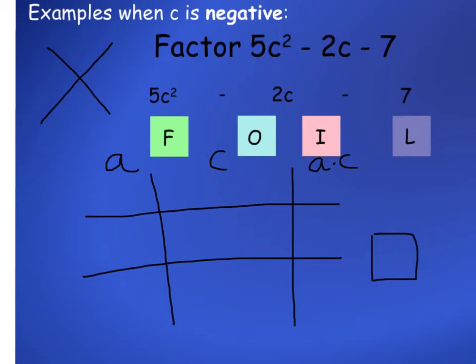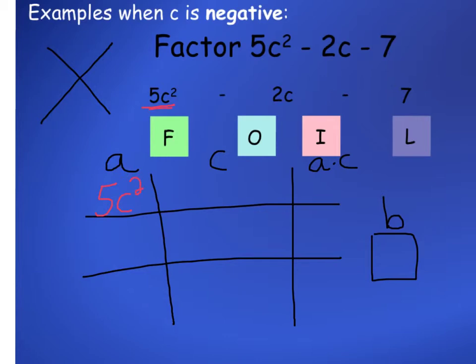Perfect. We have another example. If you want to, feel free to fill in this tic-tac-toe chart, hit pause, and see if you can do it yourself. But all I'm going to do is what I did on the other page. I'm going to fill in the a, and this time I'll write the whole first term here, 5c squared.